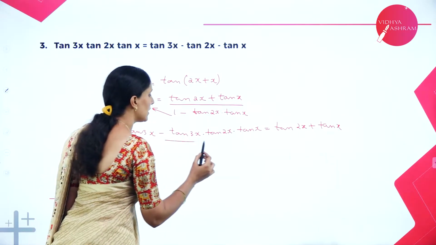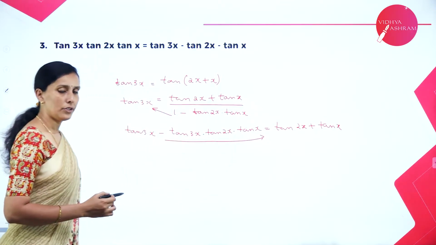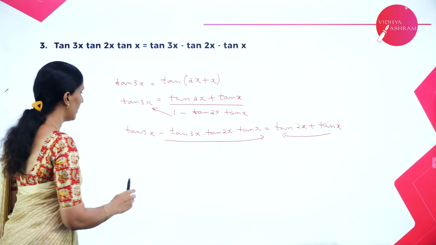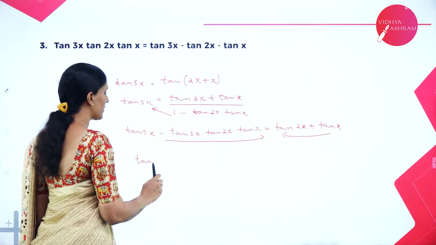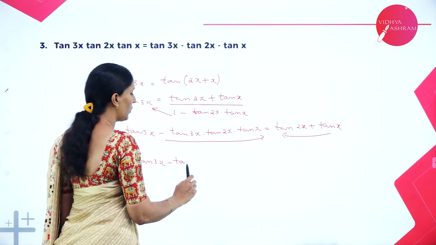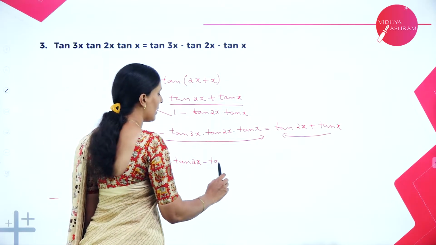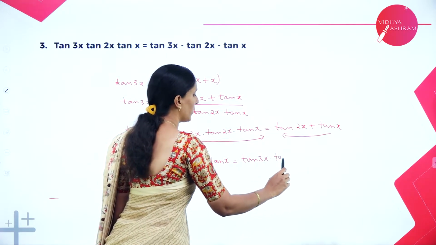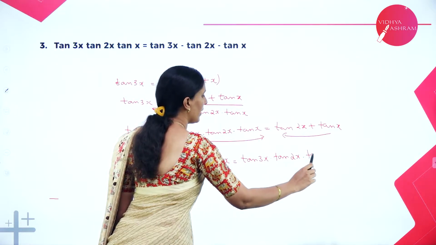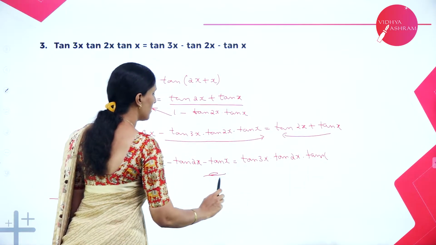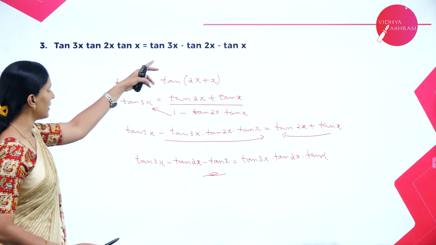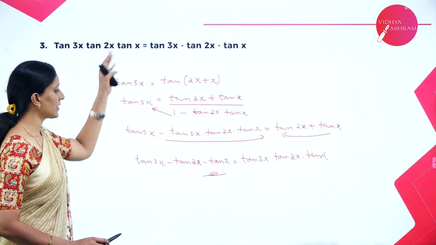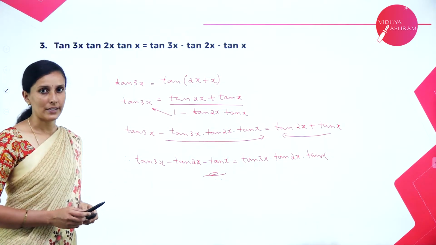Now let me shift this term towards your right hand side and all these terms towards your left hand side. Therefore, I will get tan 3x minus tan 2x minus tan x as tan 3x into tan 2x into tan x. Hence it is proved. So you can clearly see tan 3x minus tan 2x minus tan x is equal to tan 3x tan 2x tan x. Hence we have proved the result.